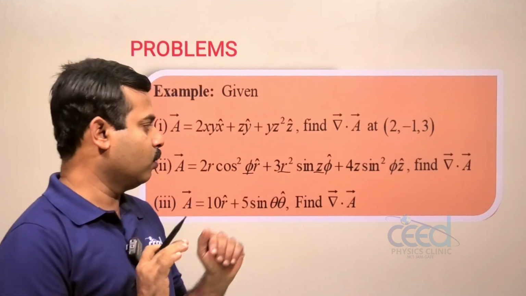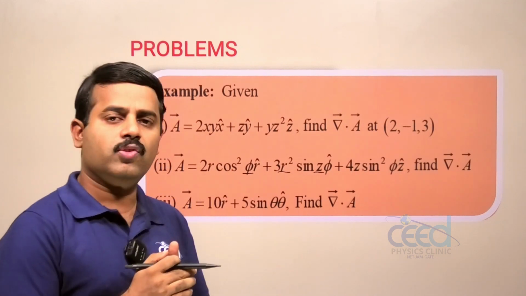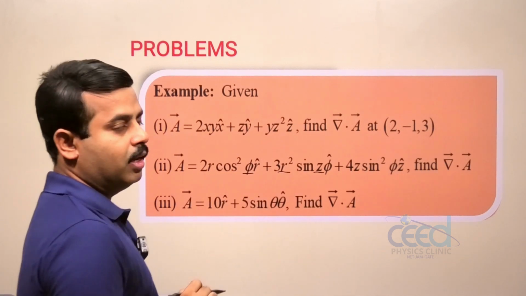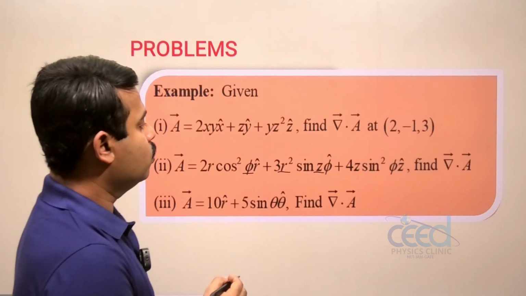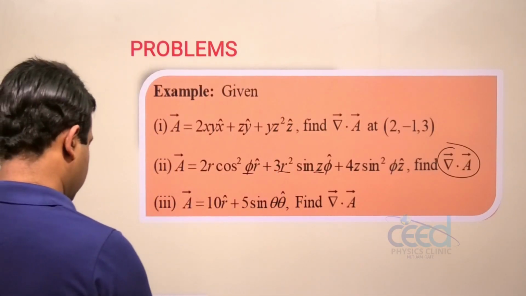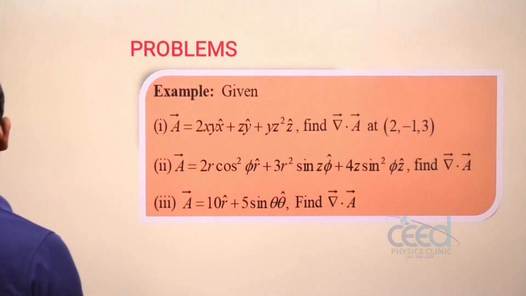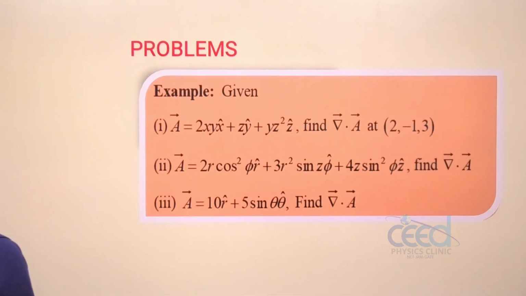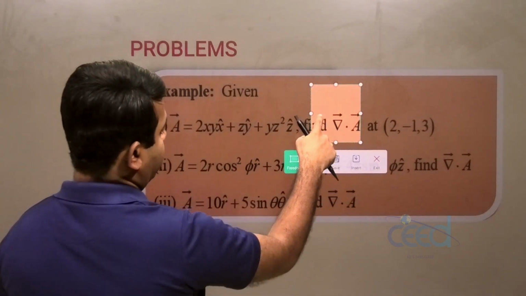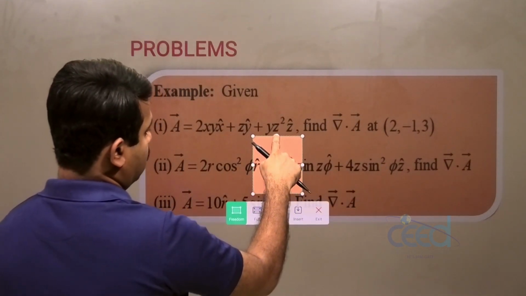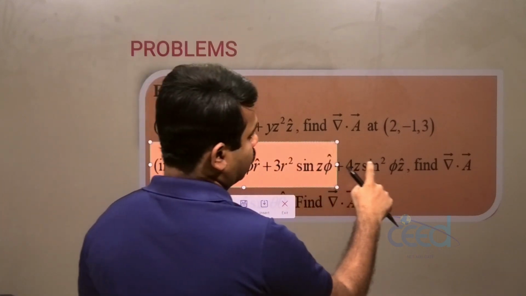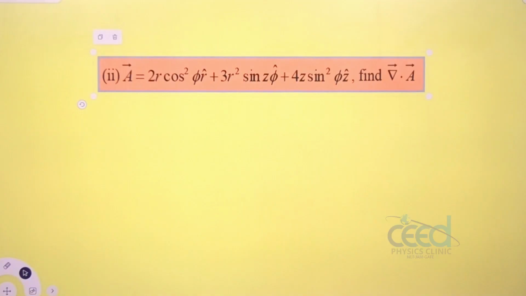So this is a cylindrical coordinate system. In cylindrical coordinate system, r, phi, z are the coordinates, right? So how do we represent divergence here? Let me take this question to the board.